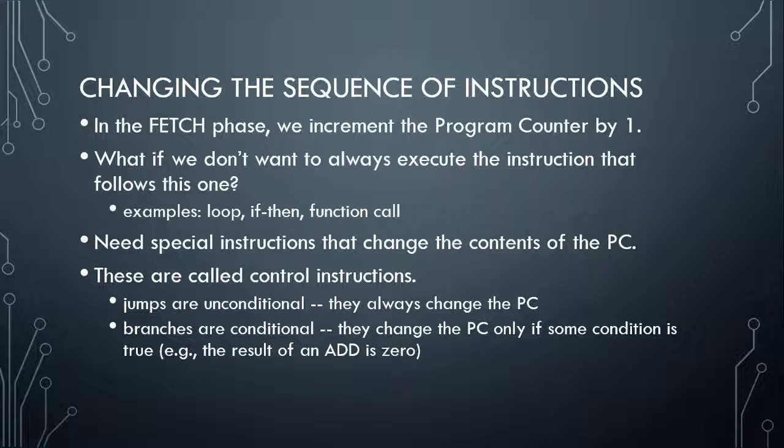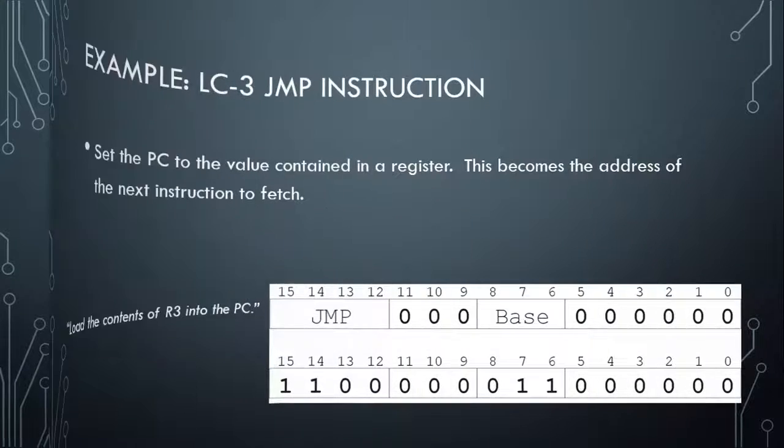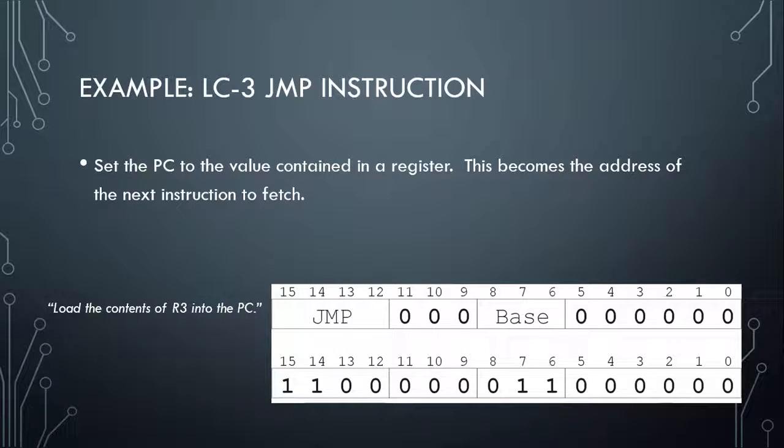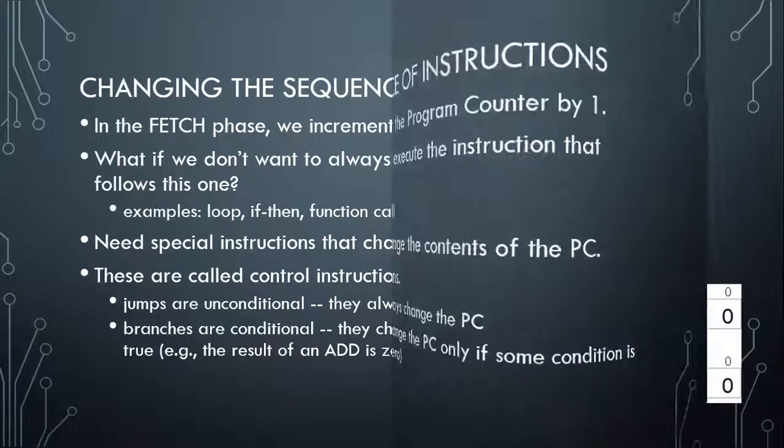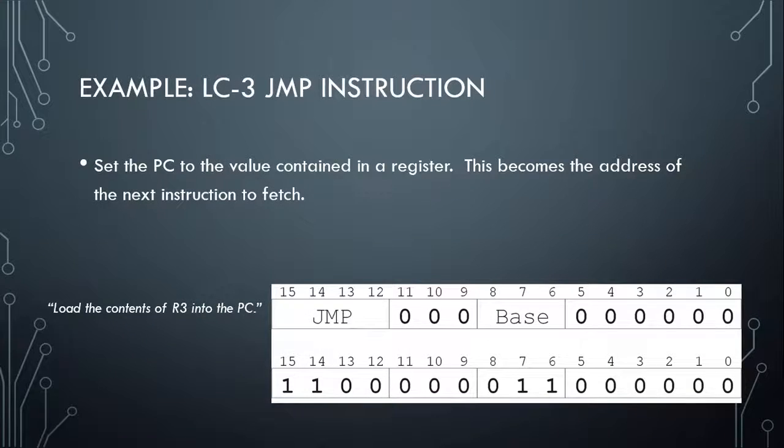Now, jumps are unconditional. They always change the program counter. Branches are conditional. They change the program counter only if some condition is true, for example, if the result of an add is 0. And here's an example of a jump instruction. Remember, jump instructions always change the program counter.